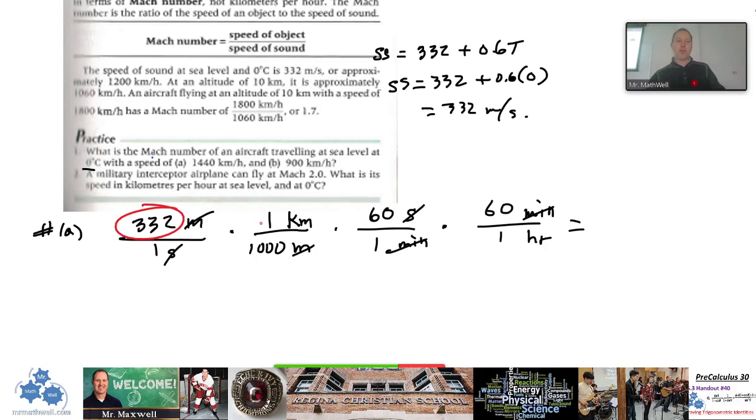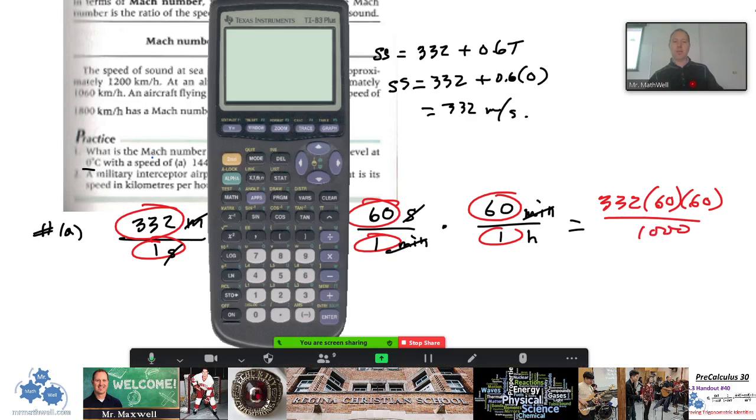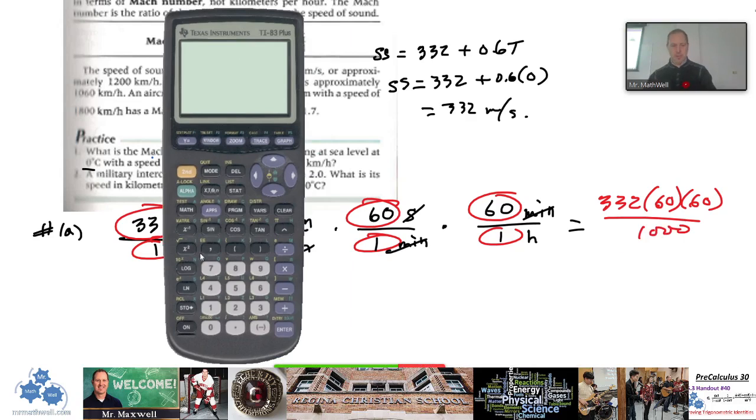So what are we going to do? 332 times 1 times 60 divided by 1 times 1,000 times 1 times 1. So that's going to be 332 times 60 divided by 1,000. All right. So what is that number going to be? Get my calculator up here.